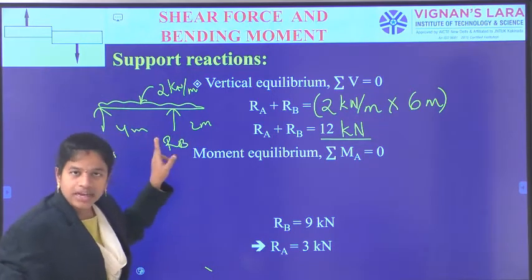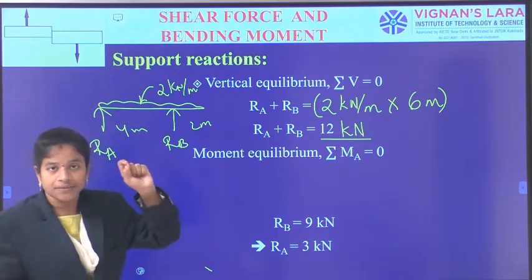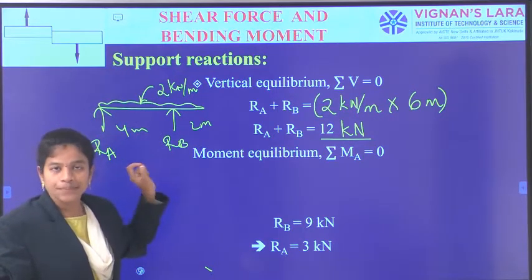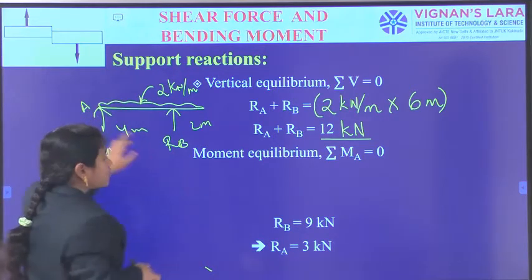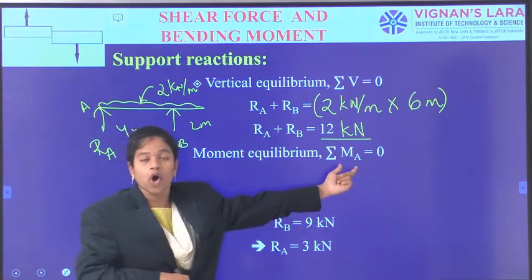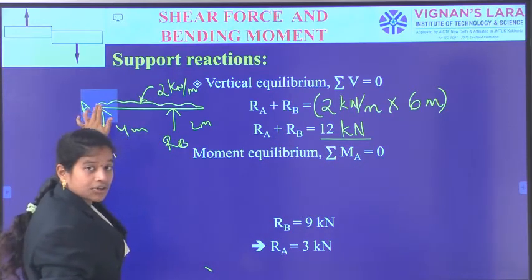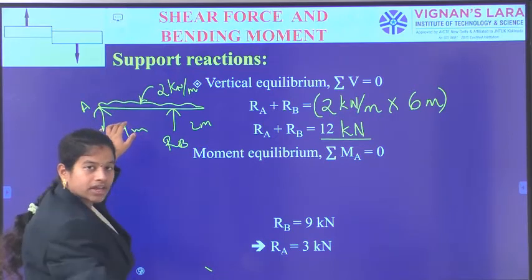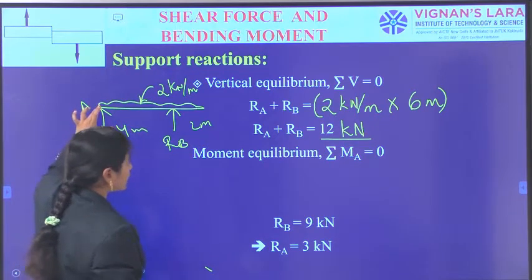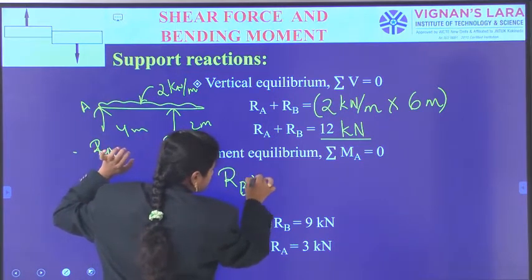Now, I need to calculate the moment about any support point. I am taking moment about A. So, moment equilibrium, the summation of all the moments about A: the sum of all anti-clockwise moments is equal to the sum of all clockwise moments. About A, I can observe RB into 4.